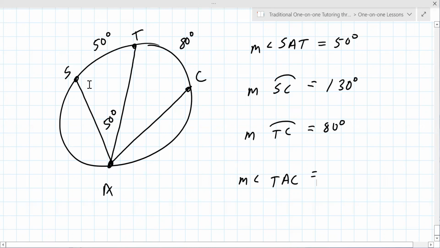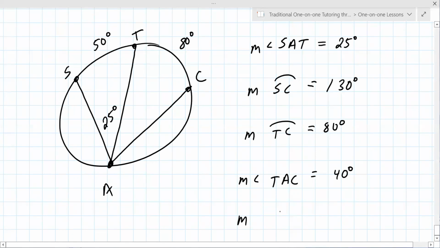I messed this up. I apologize. Oh, this is 25. Sorry, I messed that up. All good. It's the inscribed angle. The inscribed angle is always half, or you have to double it. So this TAC is an inscribed angle, so it's half of 80 or 40 degrees.